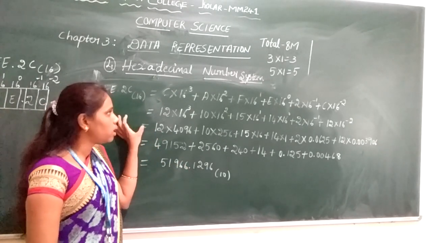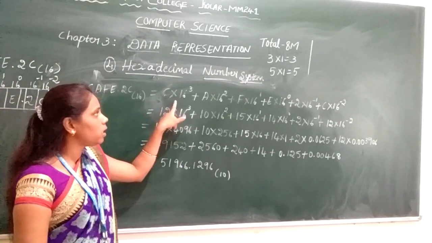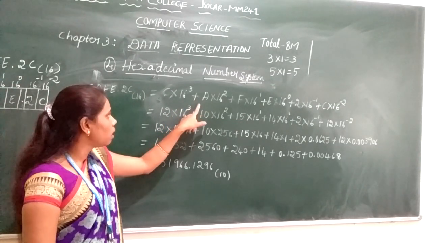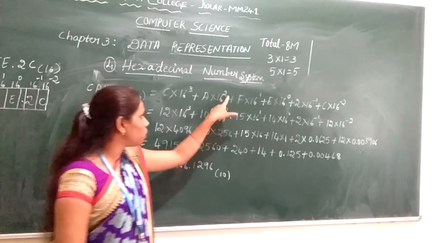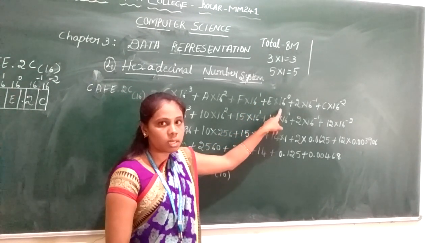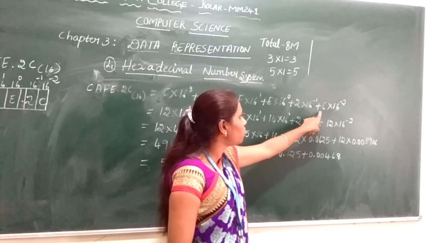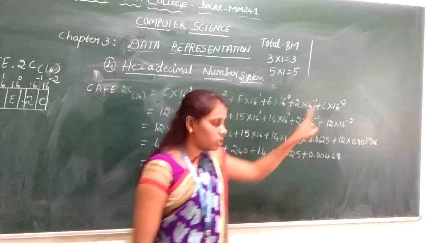So this hexa number can be expressed in this format, that is C into 16 power 3 plus A into 16 power 2 plus F into 16 power 1 plus E into 16 power 0 plus 2 into 16 power minus 1 plus C into 16 power minus 2.